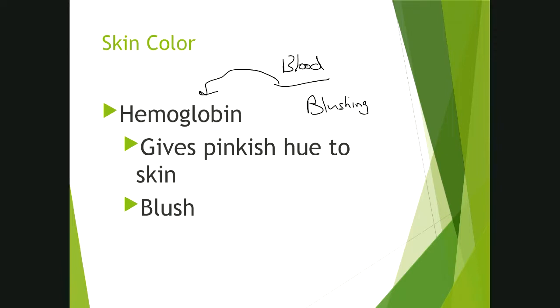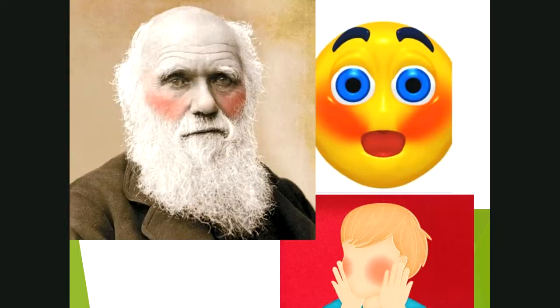That's what makes blood red. And so it gives this pinkish hue to the skin. And so anytime that blood rushes to the skin, you see this pink color. So when people get hot, especially if they're light-skinned to begin with, blood rushes there to cool you off and your face turns red. If you're embarrassed or something like that, you might blush.